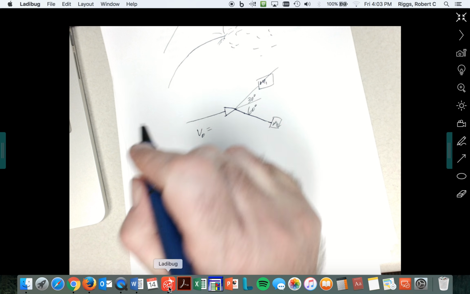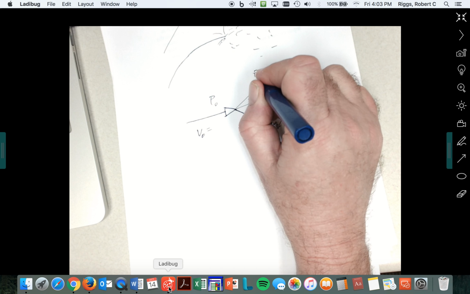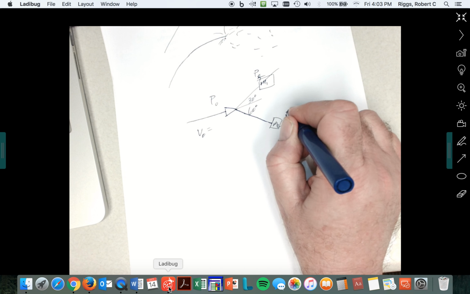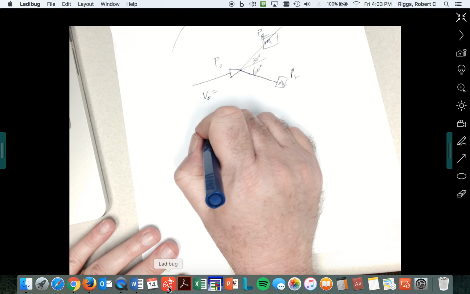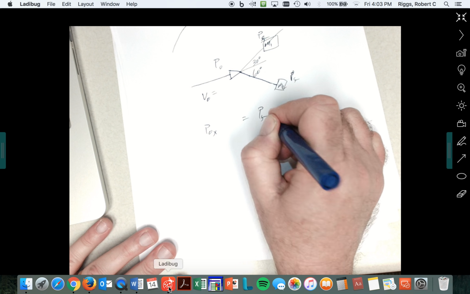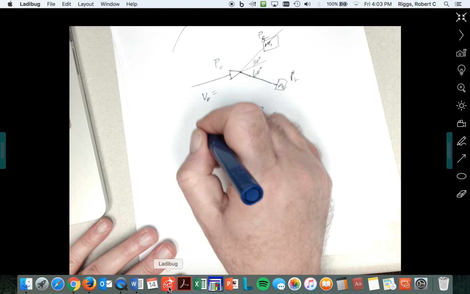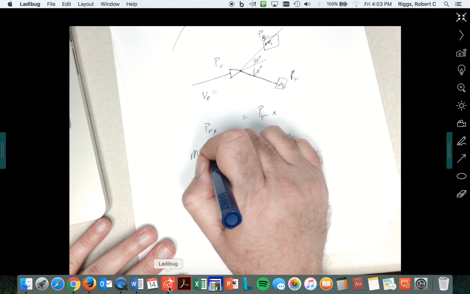But the momentum before has to equal the momentum after, of the entire system. So you look at the momentum in the x direction, which is equal to the final momentum in the x direction. You'd have your m naught, your initial mass, times its v naught.